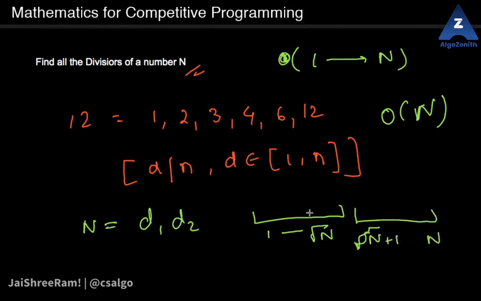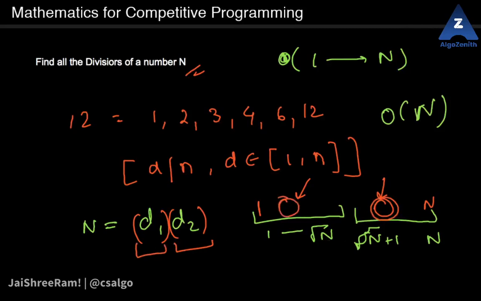These are the two chunks, and there would be some divisors in this chunk, some divisors in that chunk. They cannot be empty, because 1 will obviously be there and n will always be there. However, what I mean to say is, when this relation holds true, then for every divisor that occurs in this set, there is a corresponding divisor available in the other set.